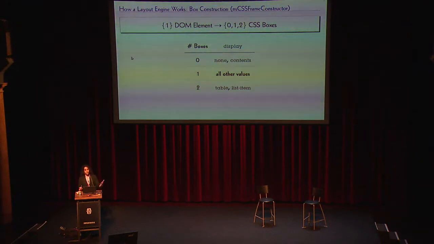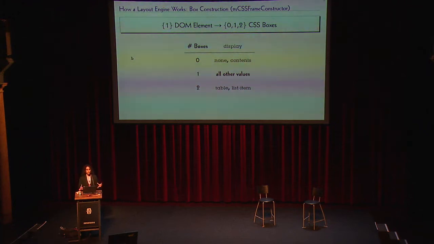Most values will generate 1 box for the element. Flex, block, inline, the element will have a box. For tables and for list items, you will generate 2 boxes. There's the principal box, which is the main box that contains all the content, and then some other box.